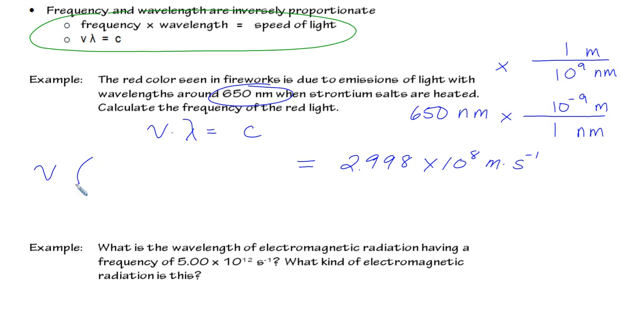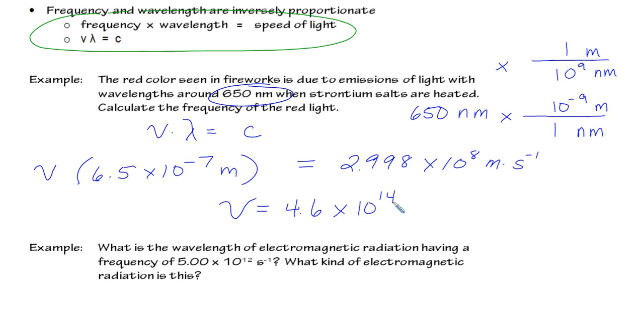And this is going to end up being, now I'm going to just leave this as 6.5 times 10 to the negative 7th meters. Only because there's no decimal spot at the end of that 650. So I'm going to assume that that was maybe rounded, and just the 6 and the 5 are significant. Now I can plug this in our calculator and solve for the frequency, piece of cake. 4.6 times 10 to the 14th.